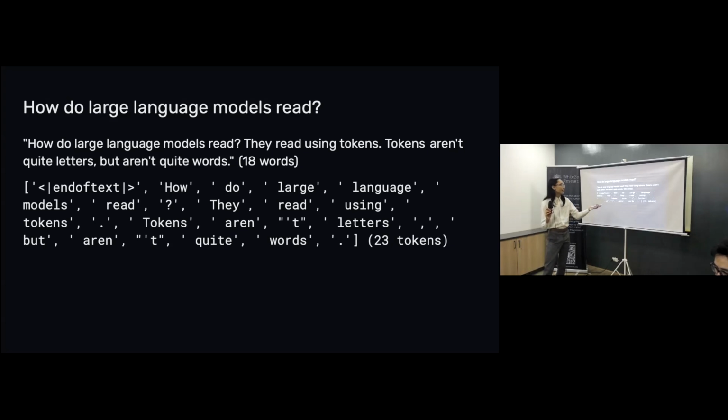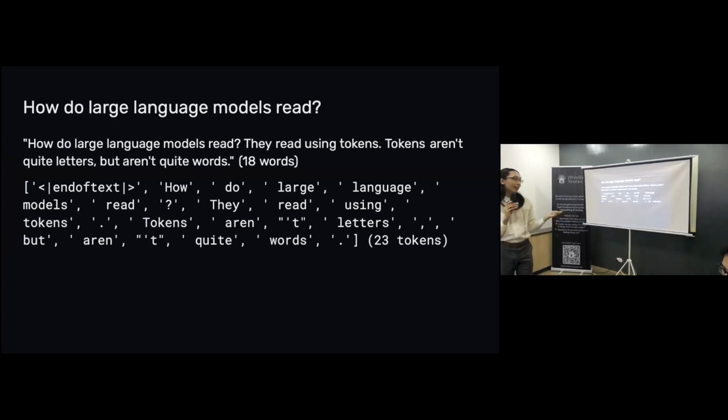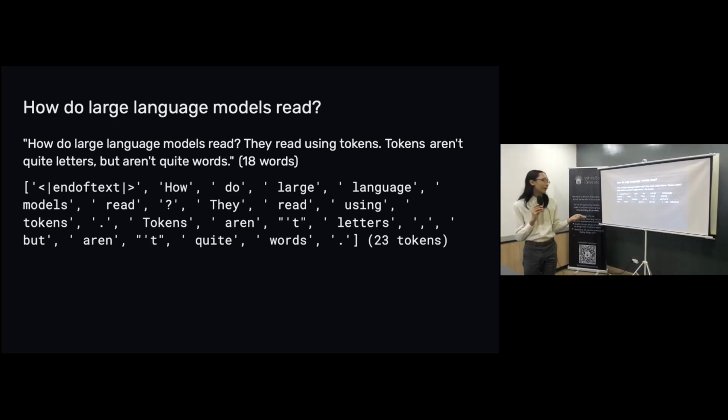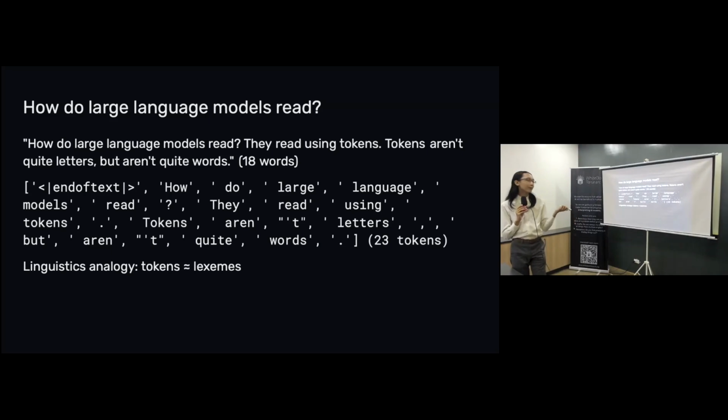For example, the question mark is its own token, and the "aren't" is separate. So this is how large language models read. Words which have the same spelling will be represented the same way because they will have the same tokenization. If you know a little bit of linguistics, you can analogize this to lexemes. This is a good analogy for them.